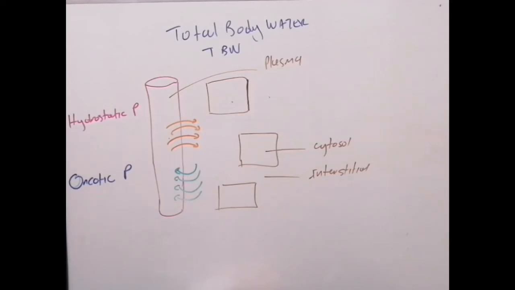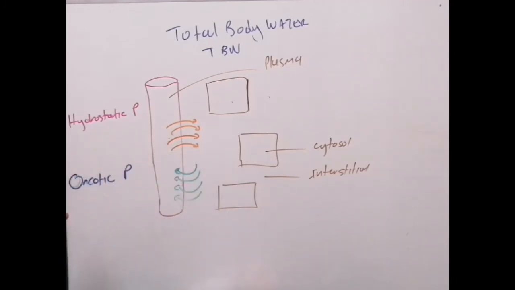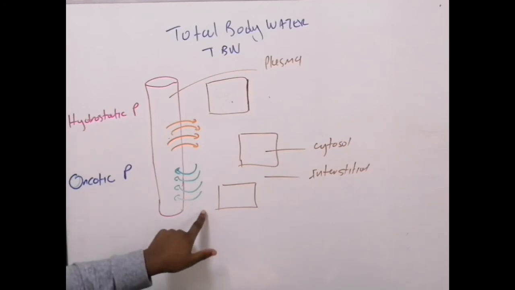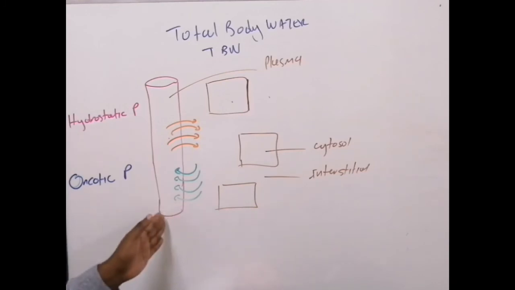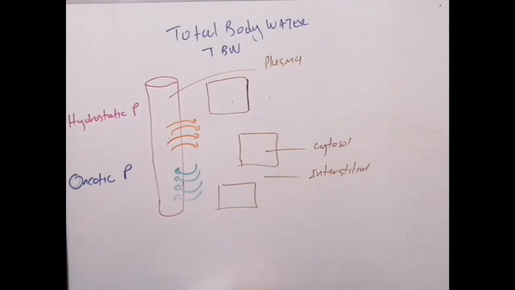Hydrostatic pressure takes water out of the intravascular into the interstitial, and that water is brought back into the intravascular by the oncotic. But there's a bit of fluid that the oncotic pressure is not able to take back, and that fluid accumulates there. I'm going to make an example, guys, because there's a concept I want you to grasp.